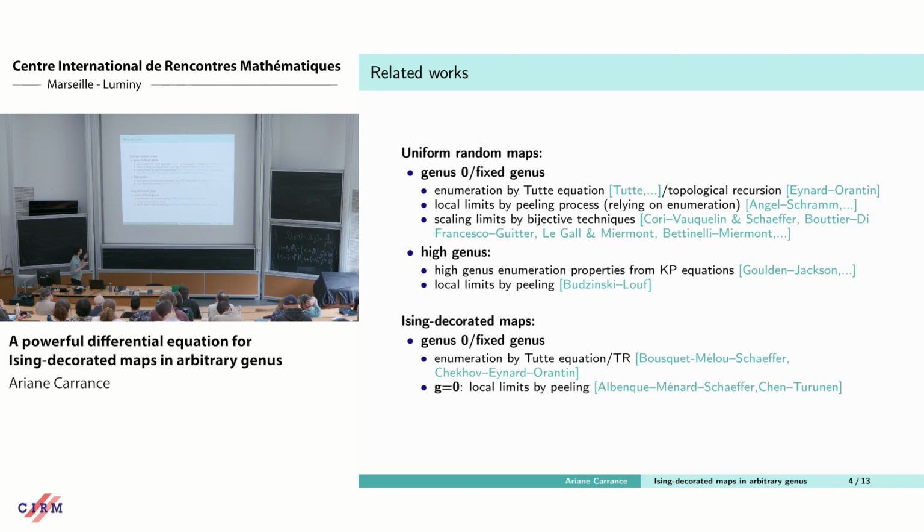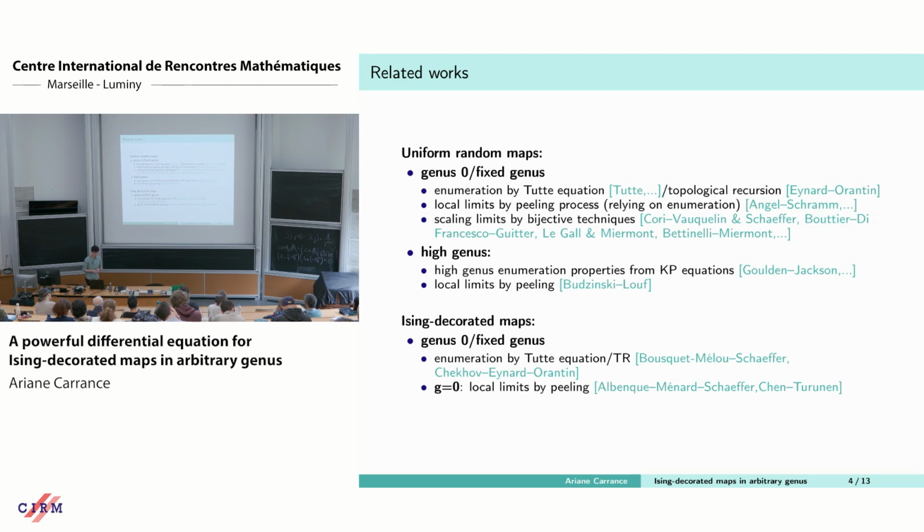And so if we go now to Ising-decorated maps, what's been done so far is on either genus 0 or fixed genus, so you have an equivalent of the first category in what I said about uniform maps. You have enumeration results by Tutte-like equations and topological recursion.